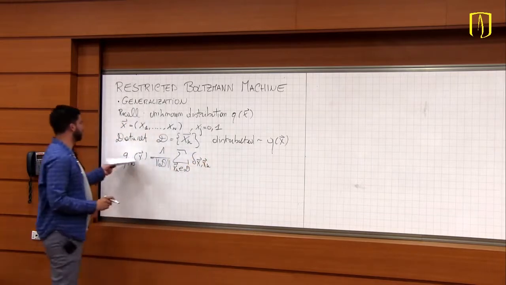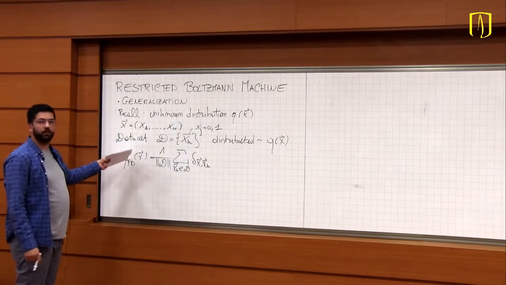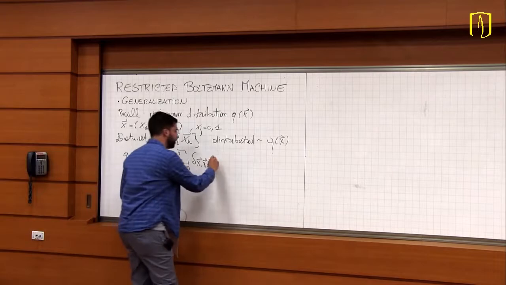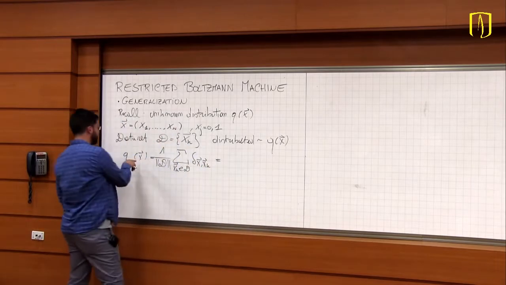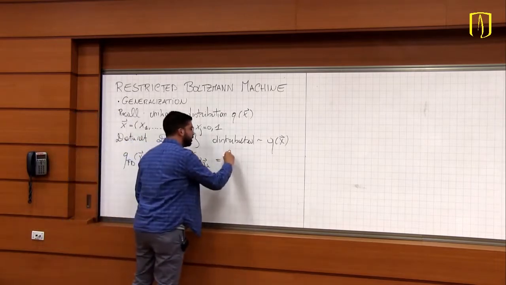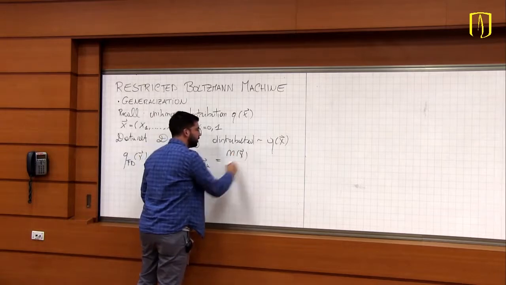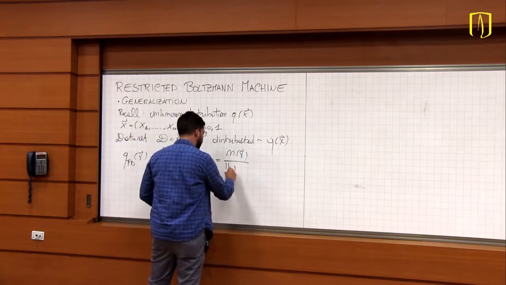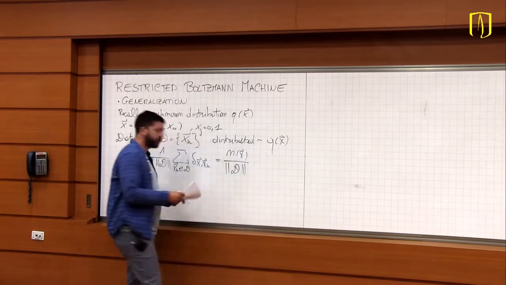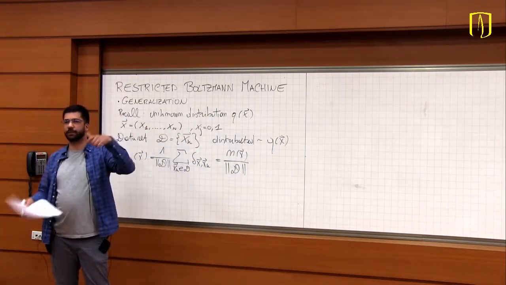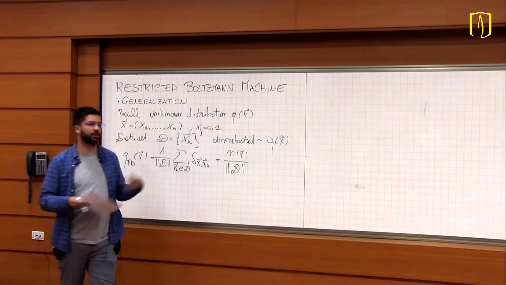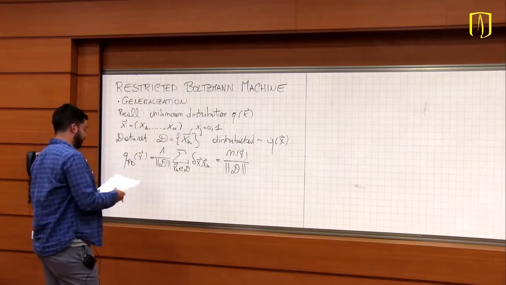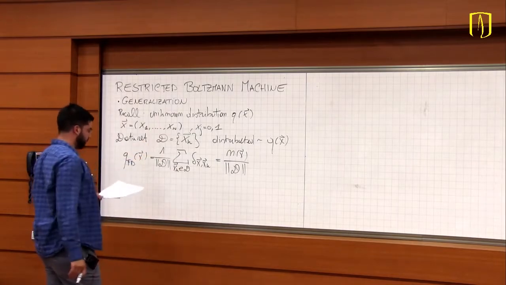This tells you the probability of observing one specific X given the data set, which is just the number of times the X state appears in the data set divided by the size. And this you can always do: you have some data, you count how many times you've seen a specific sample, and you invert this and build a histogram.